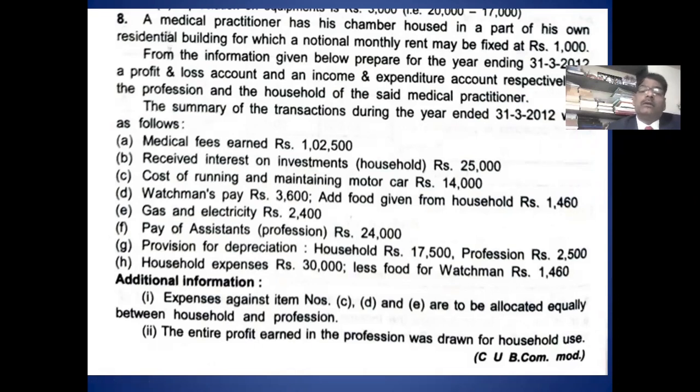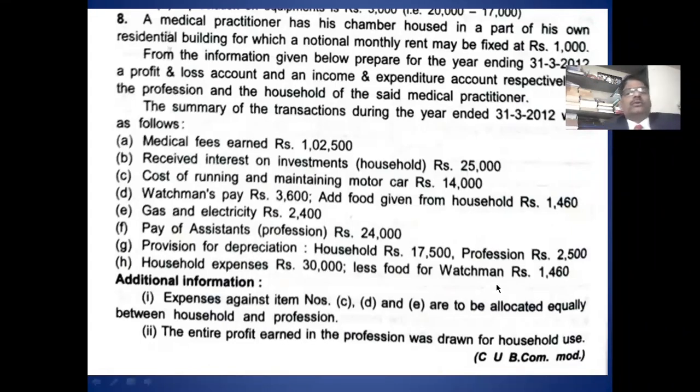That is the second one. Okay. This is the way of accounting. So remember, profit and loss account, professional items, income and expenditure account, household items. This is one way. And second way is profit and loss account, profession, capital account, household. That way you may prepare the account.